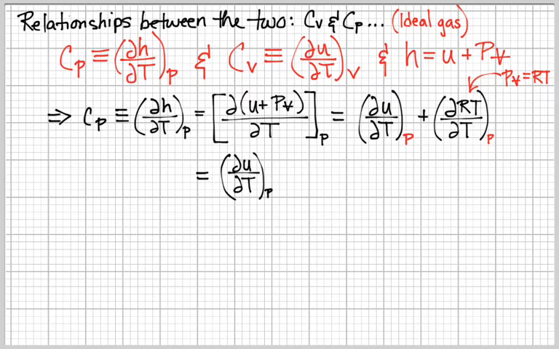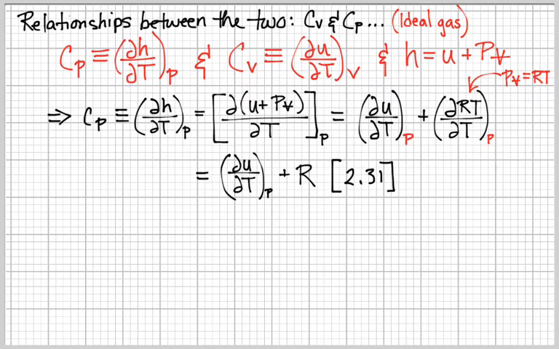And then the second term is going to be a partial change in the gas constant times temperature over a partial change in temperature, because we've swapped out PV for RT. And the partial change in temperature over the partial change in temperature is going to be unity. It's going to be 1. So it leaves us with the constant R.